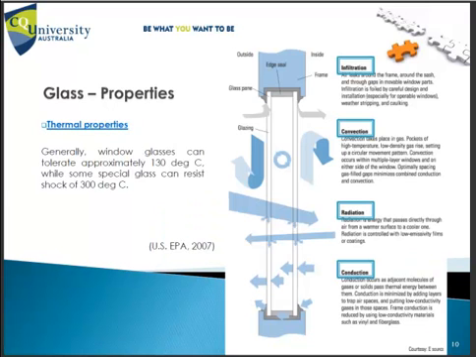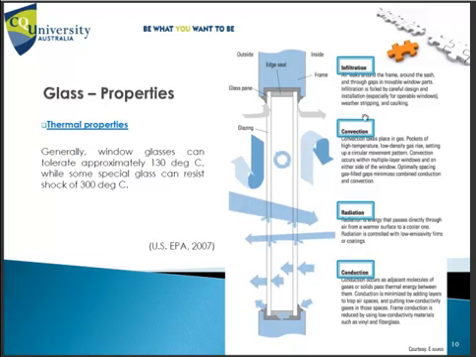When talking about the thermal properties of glass, there are four concepts you should know about. The first is infiltration, which is basically how air passes through the glass via leaks. If there is a crack here, the heat will come this way.